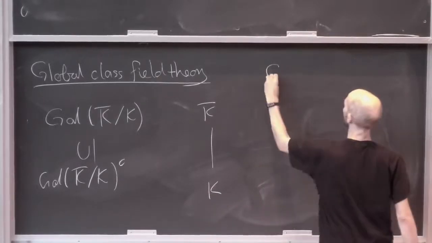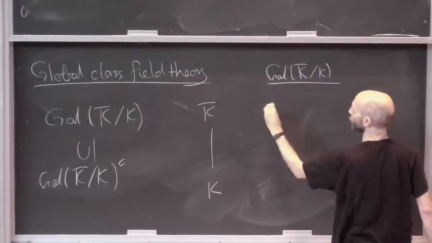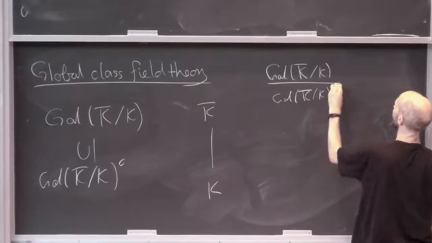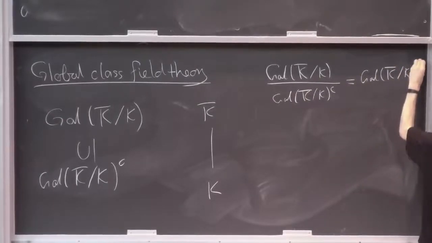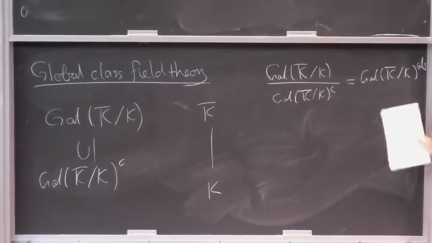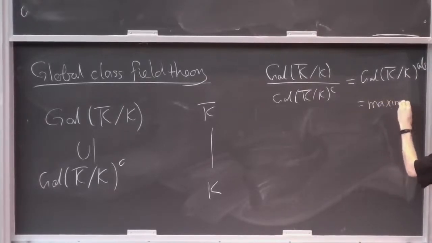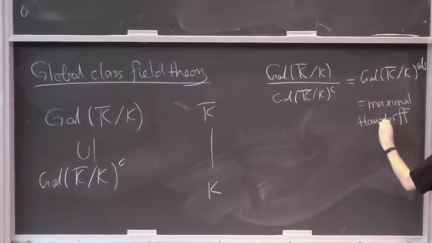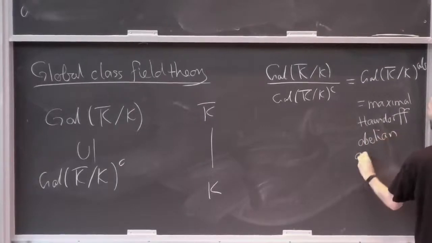Gal(K bar over K) modulo the normal subgroup C is Gal(K bar over K) ab. This is the abelianization, so this is the maximal, the biggest Hausdorff abelian quotient.